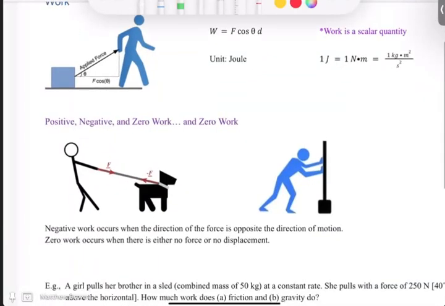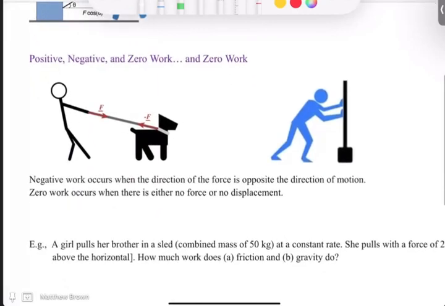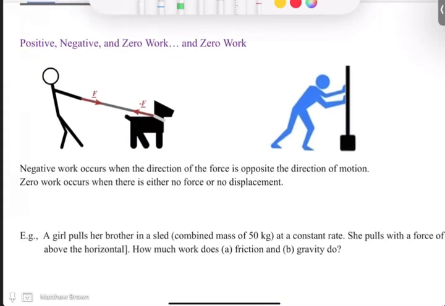And that gets us, building off the math, to positive, negative, and zero work. Negative work occurs when the direction of the force is opposite the direction of motion. If you look at this picture with the person and the dog, this force shown on the dog is the force of the person on the dog.